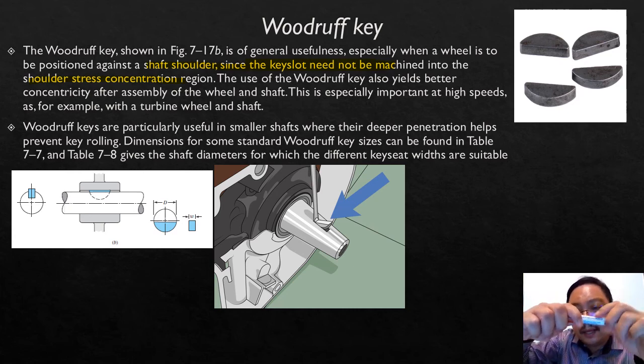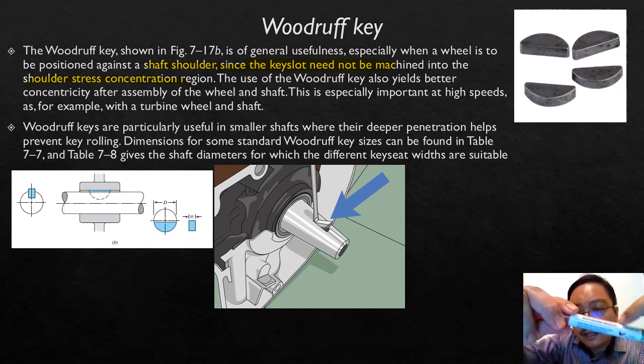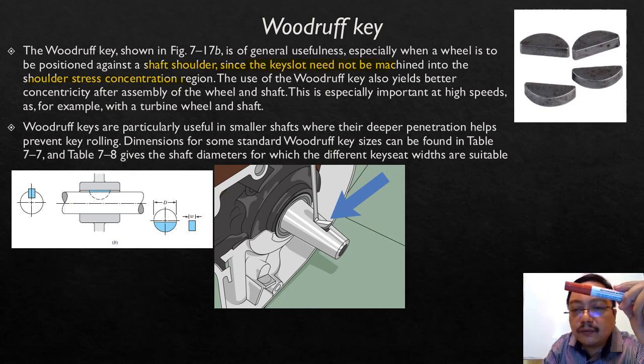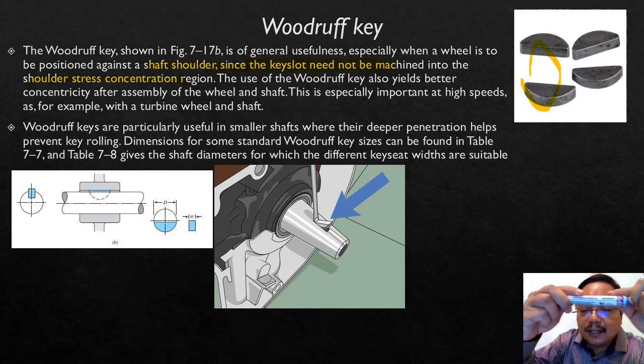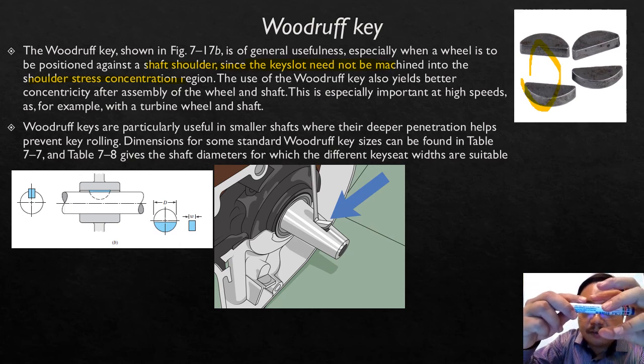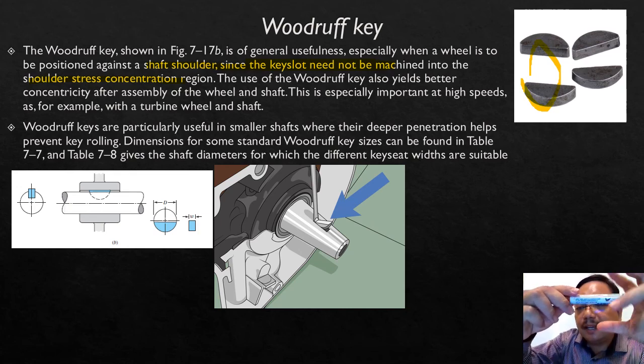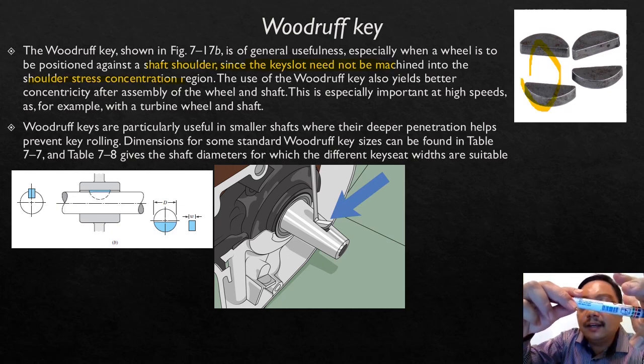You make a slot and put this kind of Woodruff key inside the slot. When you attach the shaft with the Woodruff key inside the outer diameter, the bigger shaft will not rotate, meaning that it will not accidentally rotate. The structure will be safe, and it is also a safety precaution for you.